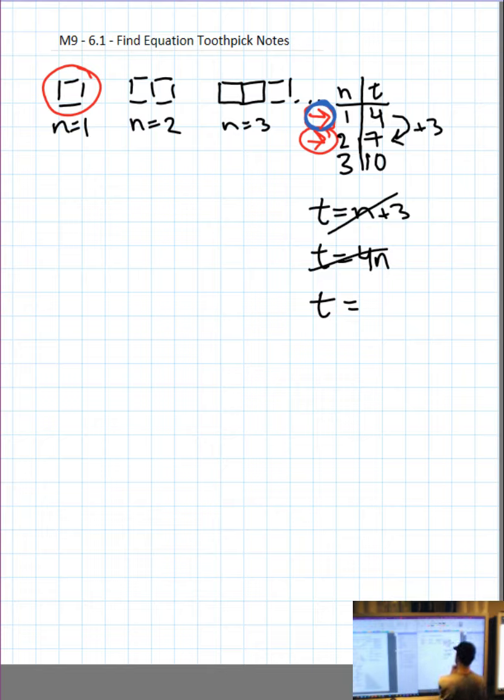It's not multiplication. It must be a combination. So what would I have to do to 1 and then eventually get 4? So I want to look at maybe 2n, and 2 times 1 is 2. What do I have to add to get 4? Well, 2, so plus 2. And then I try it on the next line, circled in blue, and I realize it doesn't work.